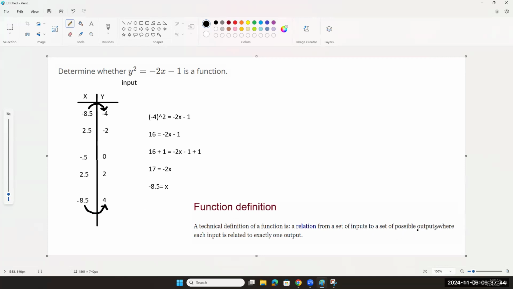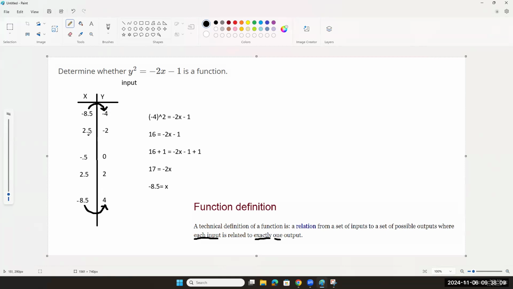So it turns out that each input, in this case, is not related to exactly one output, because we have at least one case where the input is related to two outputs.